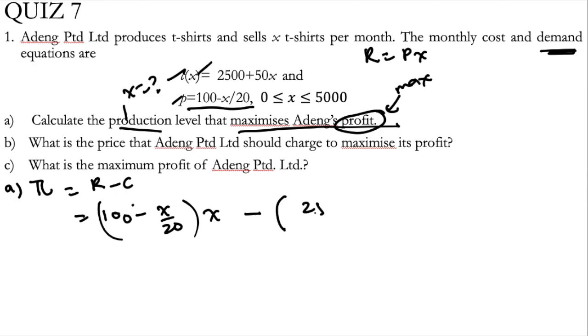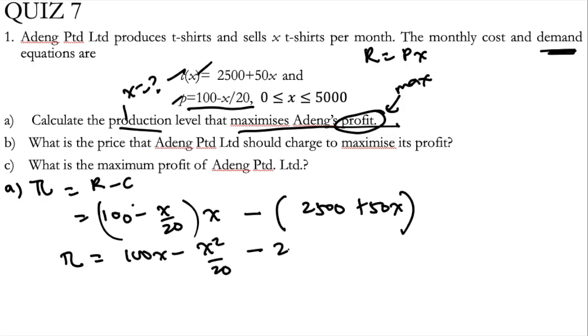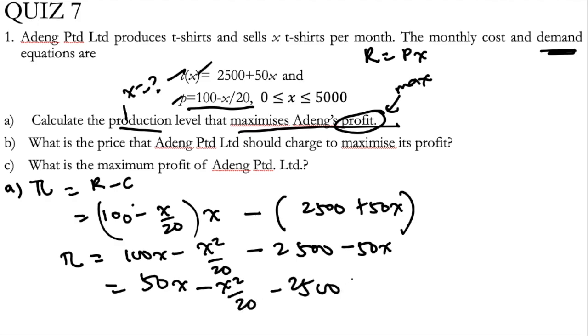Cost, 2500 plus 50x close bracket. Okay, so when we simplify, the profit function becomes 100x minus x squared over 20 minus this, okay, minus 50x, isn't it? This, if we further simplify, it becomes 50x minus x squared over 20 minus 2500.